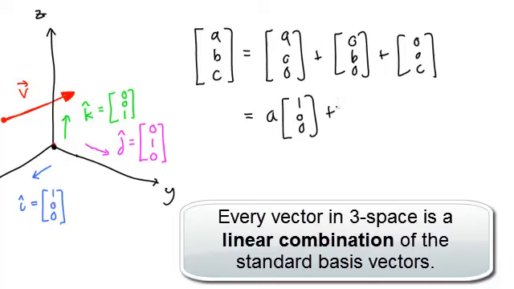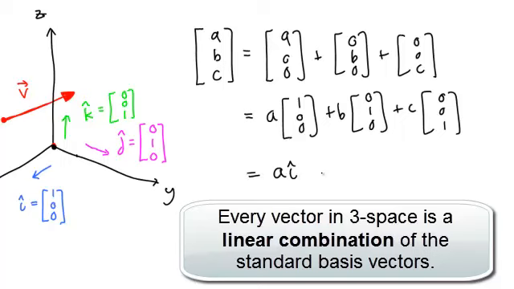The second vector is b times the vector 0, 1, 0. And this third vector is c times the vector 0, 0, 1. But the vector 1, 0, 0 is the vector i. The vector 0, 1, 0 is the vector j. The vector 0, 0, 1 is k.